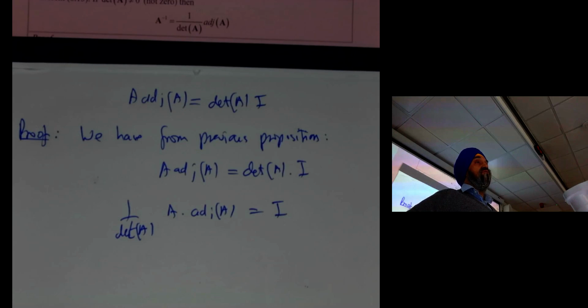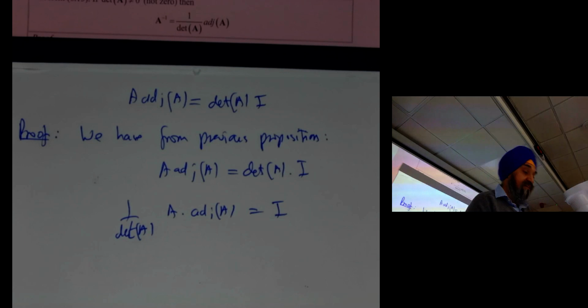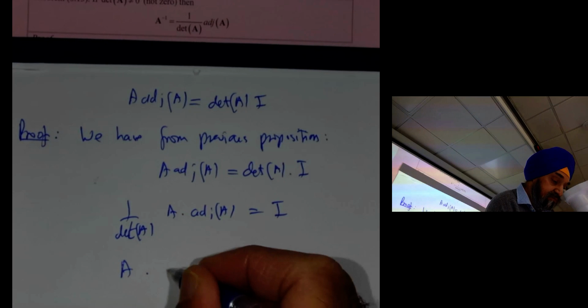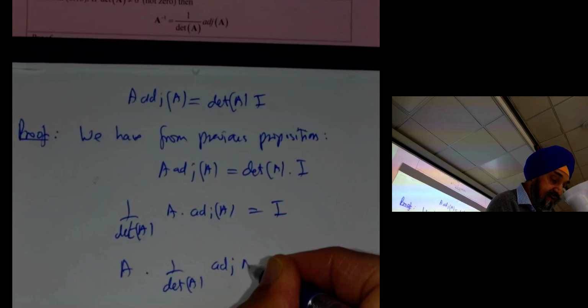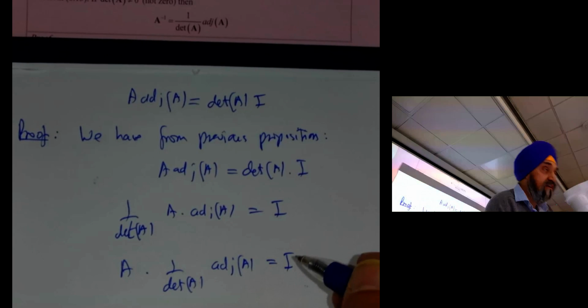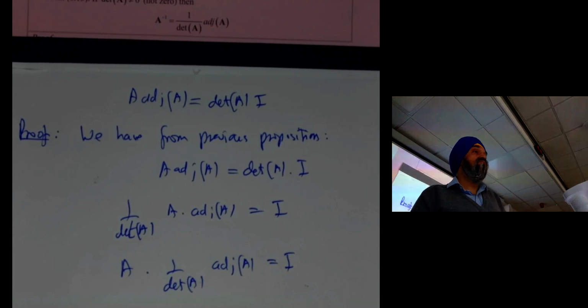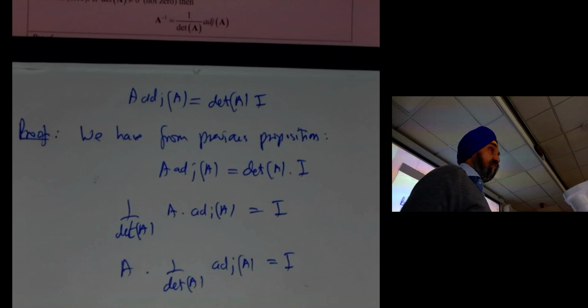Should be obvious now, shouldn't it? Yeah, because that's a scalar. A times 1 over the det of A and the adjoint of A is equal to I. This must be A minus 1.